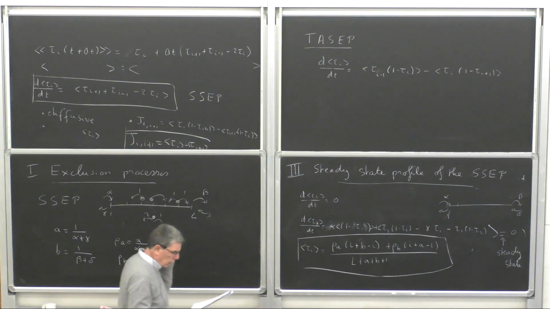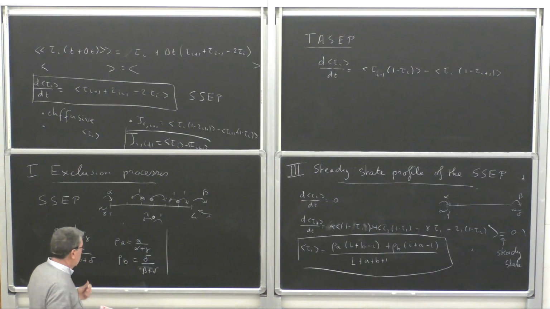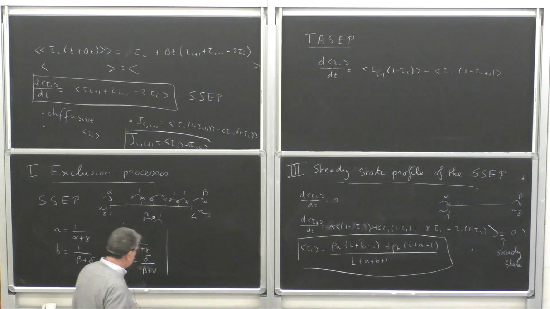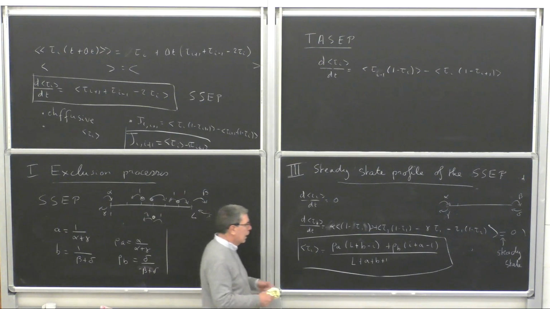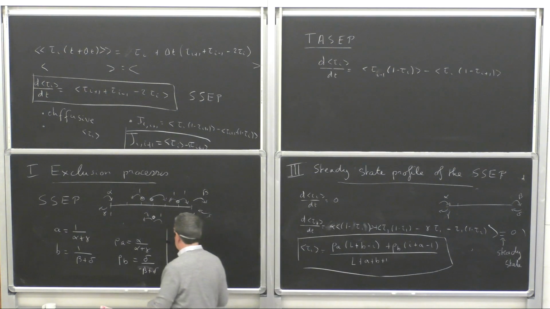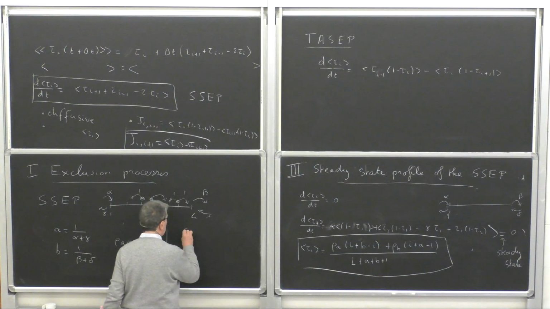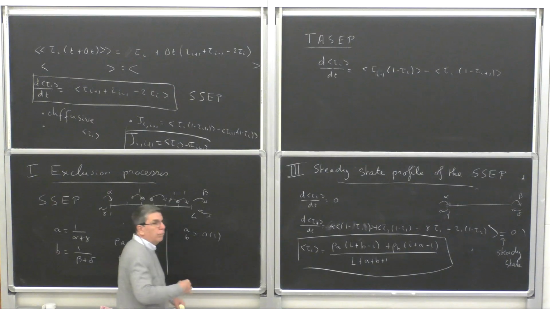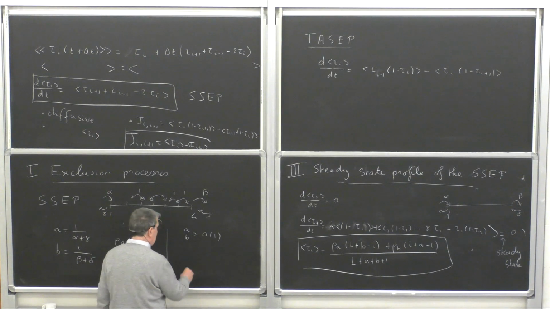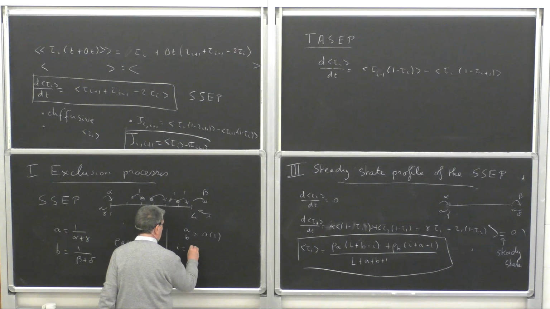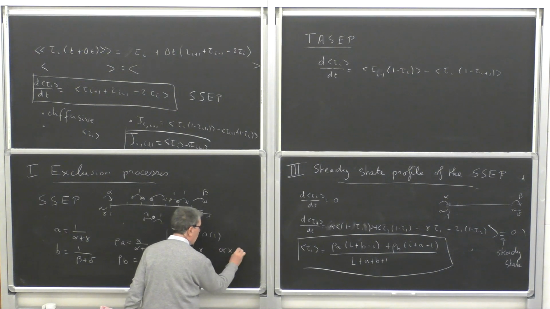Yes. Okay. Now, the other thing I want to mention: imagine that the contacts are not very weak. So this means A and B are of order 1. And now I think of a very large system. So if I call i equal Lx, x will be between 0 and 1.